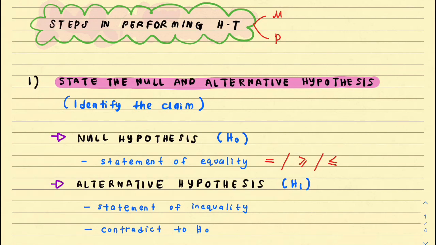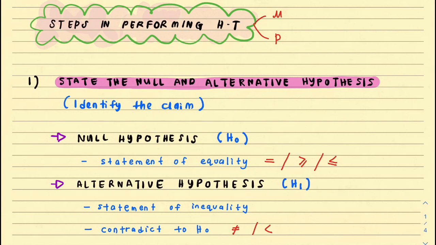The second one, alternative hypothesis, is a statement of inequality and it must contradict H0, your null hypothesis. So whenever you have equal symbol for the null, the alternative will be not equal symbol. Whenever you have more or equal than symbol for the null, the alternative will be less than symbol.